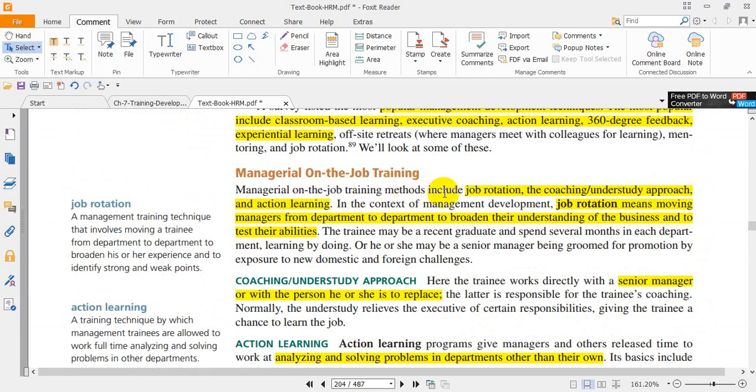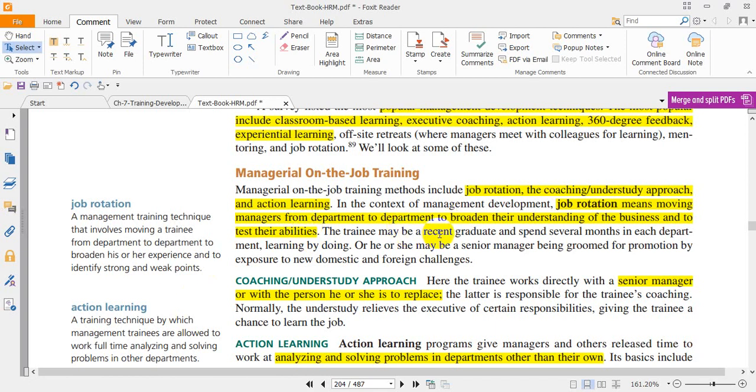Managerial on-the-job training methods include job rotation, the coaching approach, and action learning. In the context of management development, job rotation means moving managers from department to department to broaden their understanding of the business and to test their abilities. I think we explained more about job rotation in previous chapters.